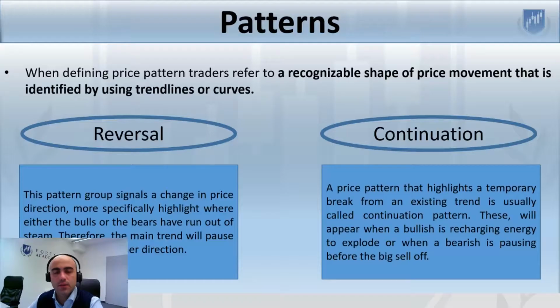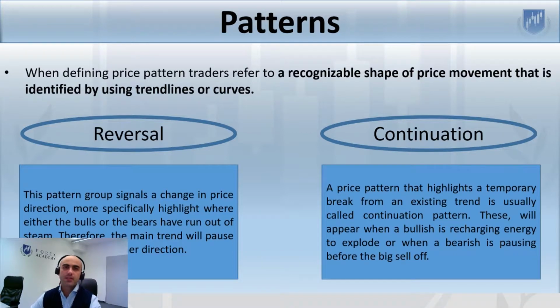Let's move on. Starting off with patterns, when defining patterns, we refer to a specific and recognizable shape of price movement that is possible to identify by using trend lines or curves. These patterns are subdivided into two categories, and the first one I want to describe for you is the reversal.